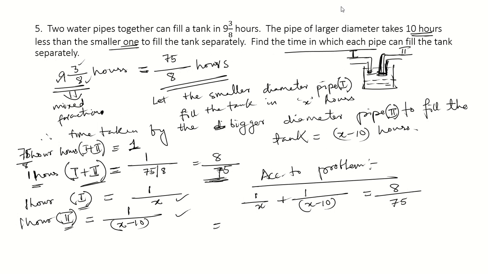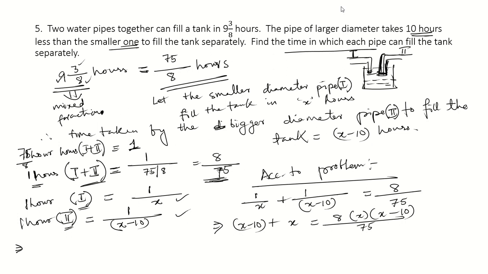Now we will solve this. Multiplying both sides by x and x minus 10, we get x minus 10 plus x equals 8 times x times x minus 10 divided by 75. So we bring 75 to the other side.